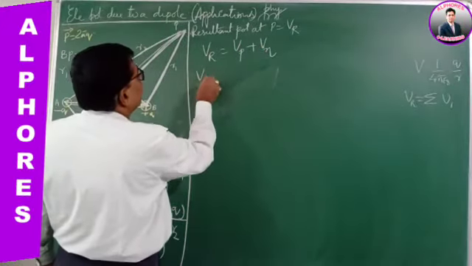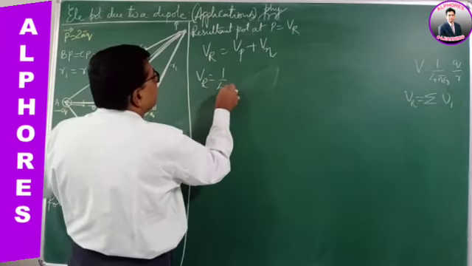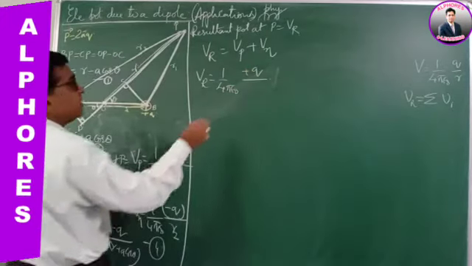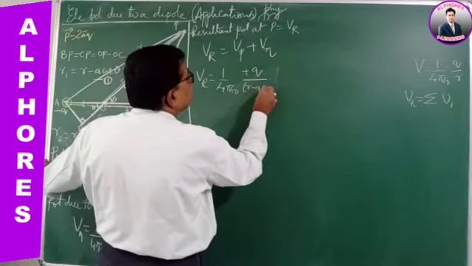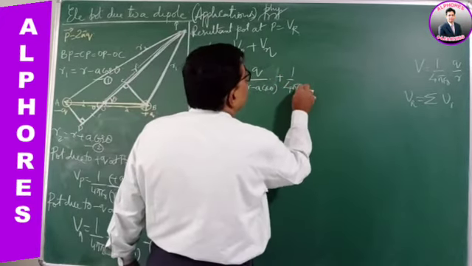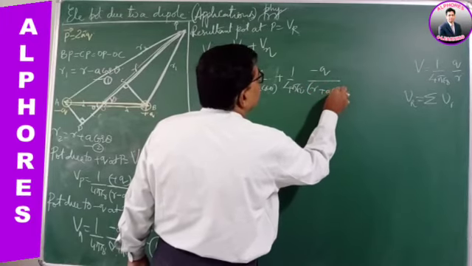So the resultant potential is 1 by 4 pi epsilon naught plus Q by R minus A cos theta, plus 1 by 4 pi epsilon naught minus Q by R plus A cos theta.